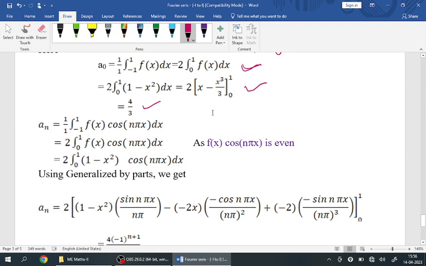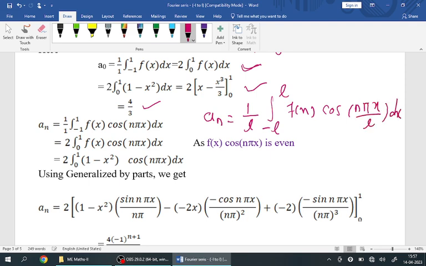Exactly the same thing. Now don't forget, this is the silly mistake that many of you make. The general formula is 1 by L integral minus L to L f(x) cos(n pi x upon L) dx, and in this case L is 1, so we are left with cos n pi x and not cos nx.